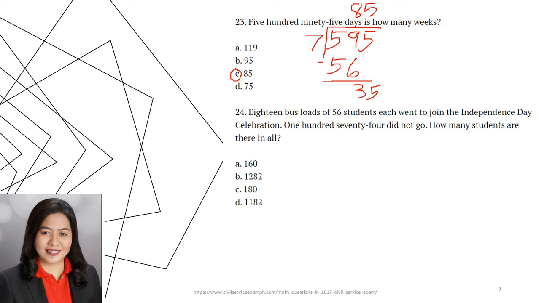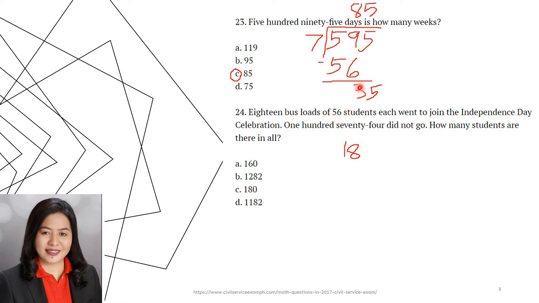Next number: 18 busloads of 56 students each went to join the Independence Day celebration. 174 did not go. How many students are there? You have to be very careful when answering math problems, because the tendency for us is to only look at the numbers in symbols.